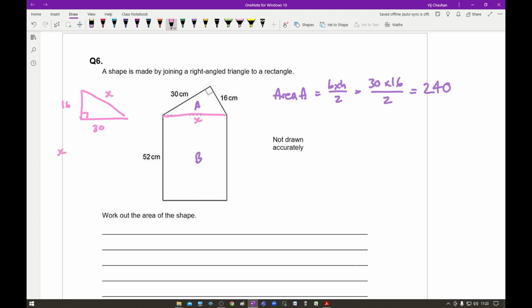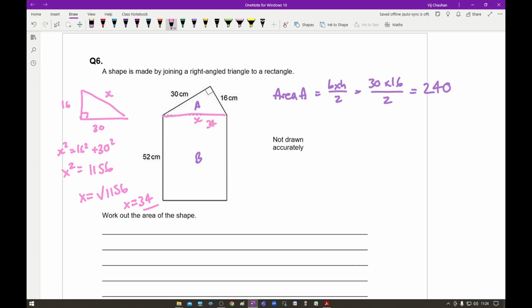So x squared equals 16 squared plus 30 squared, which gives me 1156. So x equals the square root of 1156, which gives me an answer of 34.